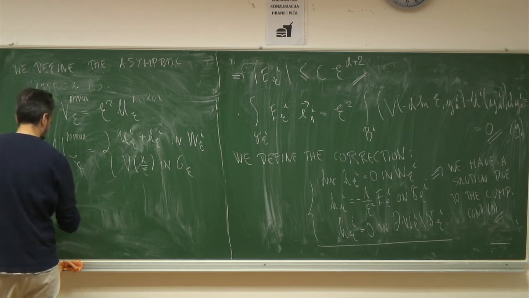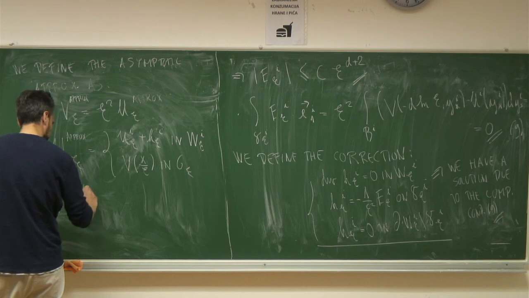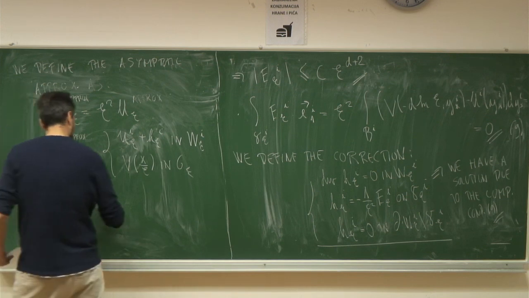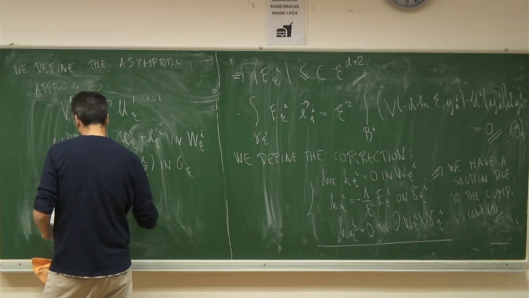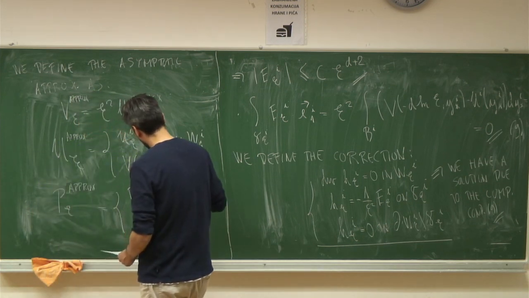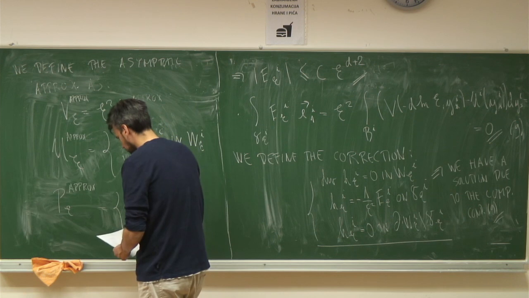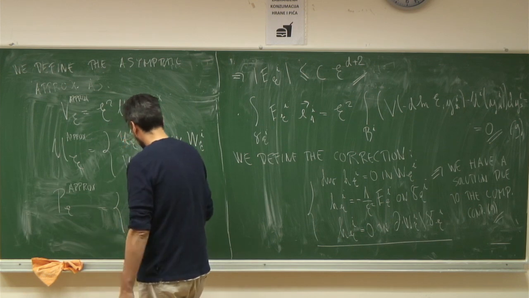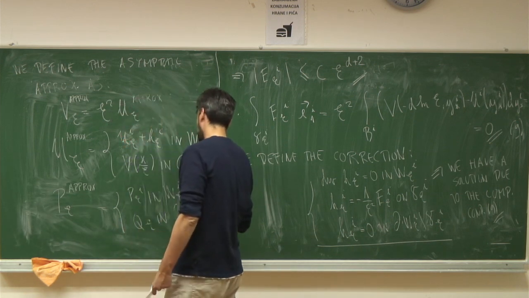For the pressure, it's not a problem: P approximate is P epsilon I in V epsilon I and Q epsilon in the layer near the junction.